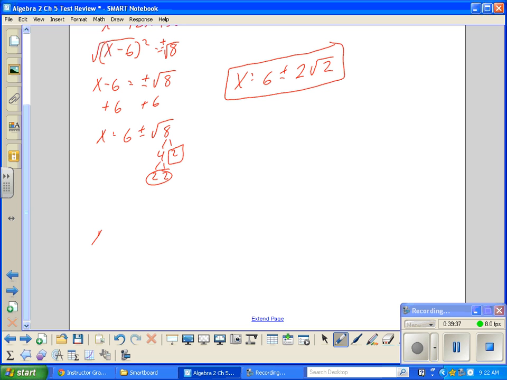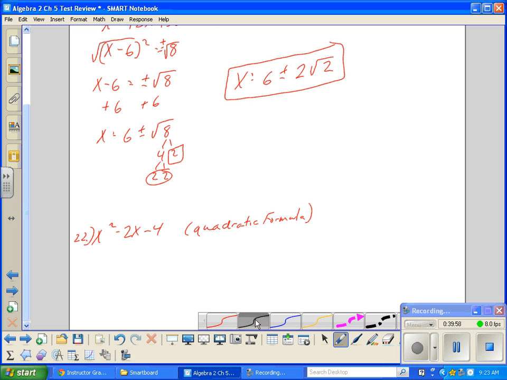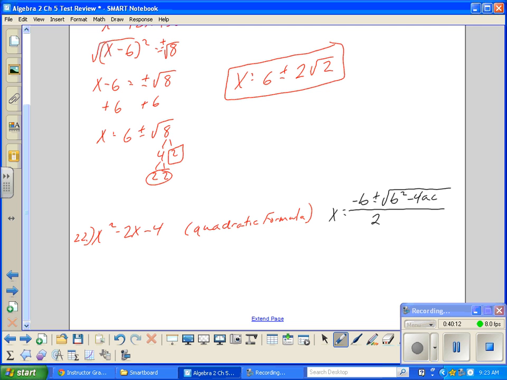And then 22 gives us x squared minus 2x minus 4. And they want us to use the quadratic formula. The quadratic formula tells us that x is equal to negative b plus or minus the square root of b squared minus 4 times a times c, over 2 times a.